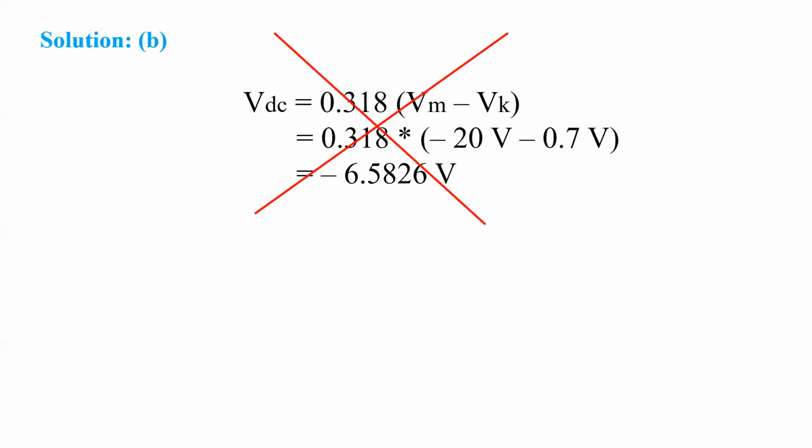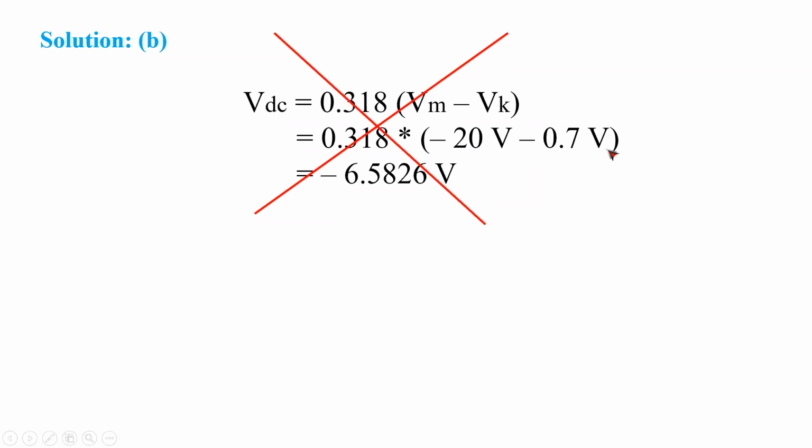Why? Because remember, it was minus 20, this is 0.7, they become minus 20.7. So they increased, right? This should not be the case. This minus indicates the direction, and this minus indicates the reduction.